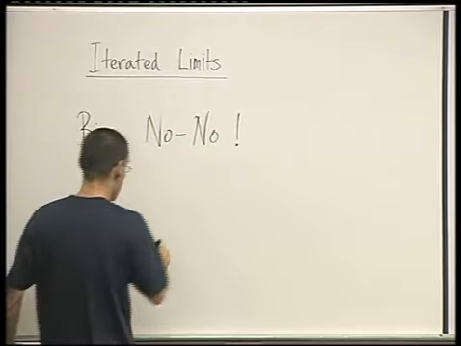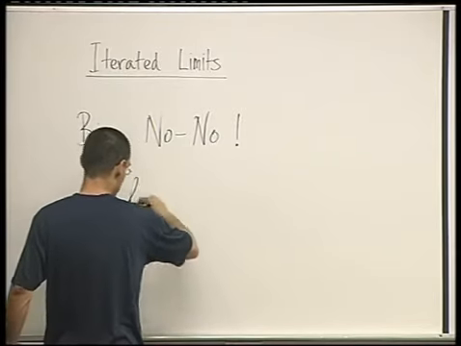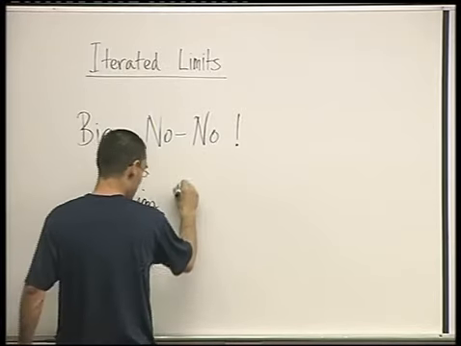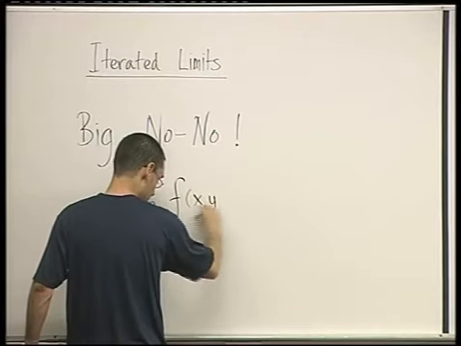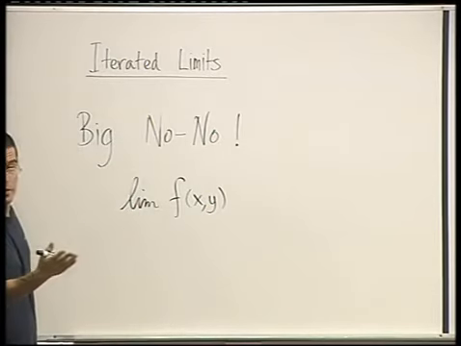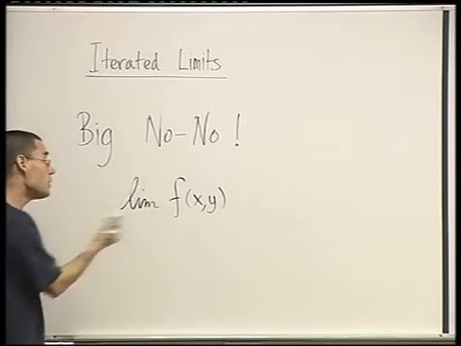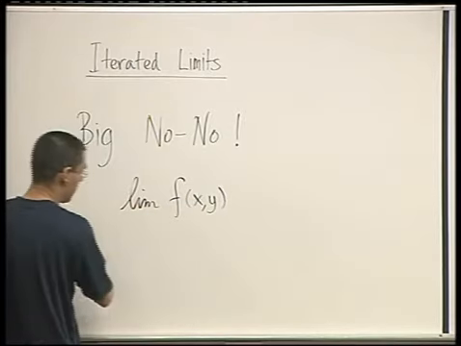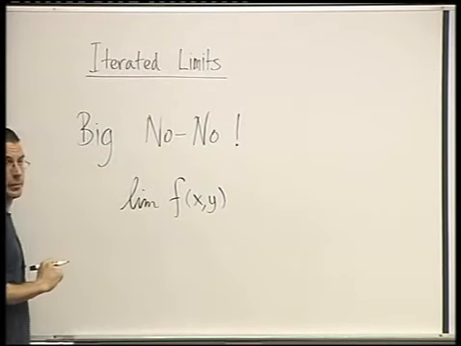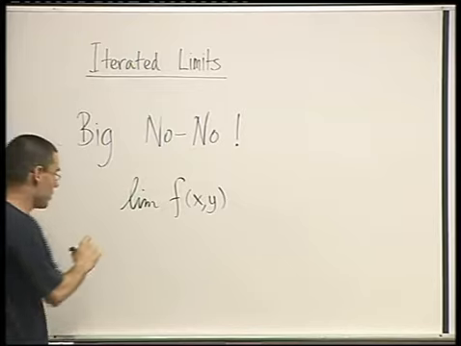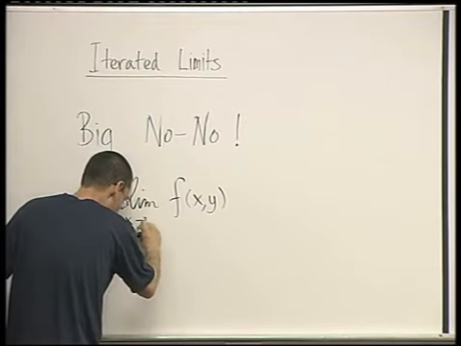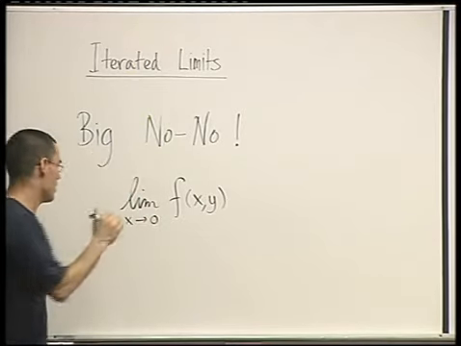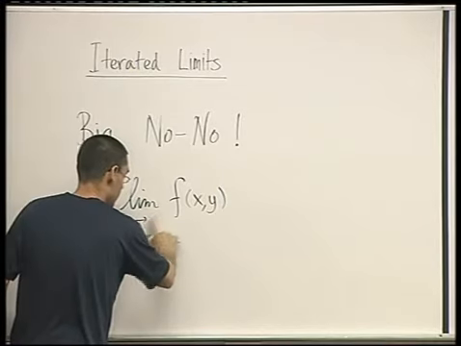Iterated limits are things of the form: we have f of x, y, and we defined the limit in a very certain way, right? But you can ask, what if we take f of x, y, freeze y, regard y as a parameter, and take the limit as x goes to, sorry, not to 0, to some point a.